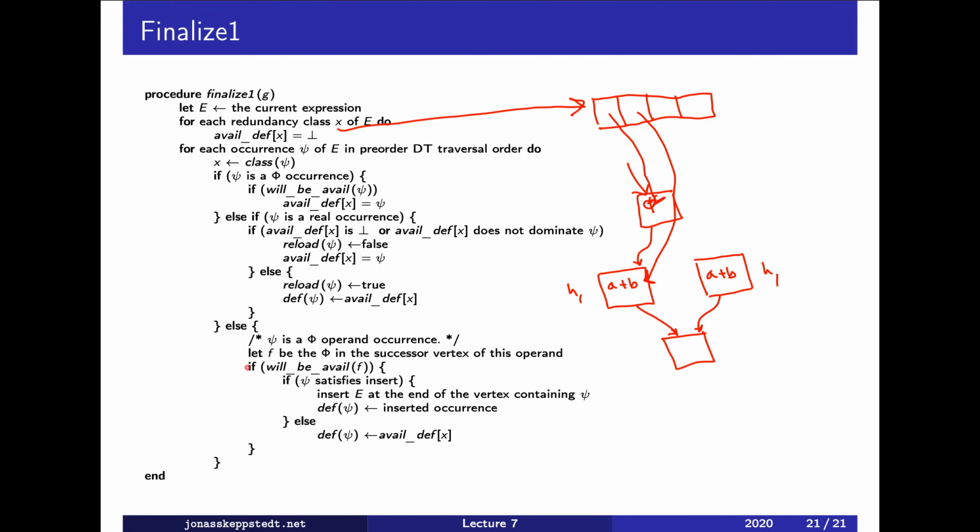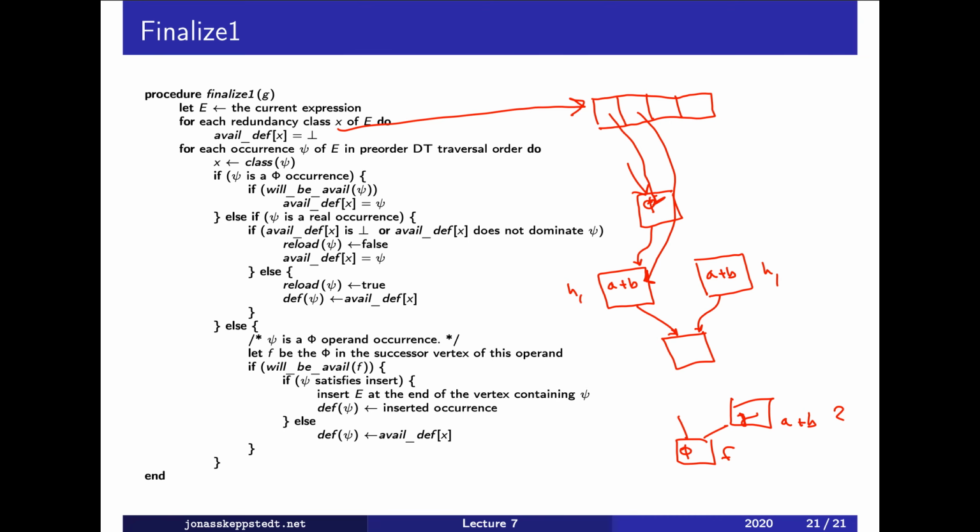Then the third case is the phi operand. Say we have a phi function here and a phi operand here. Here is the occurrence, and here is the phi function f, where that one is an operand. The question is, should we insert the expression a plus b here?